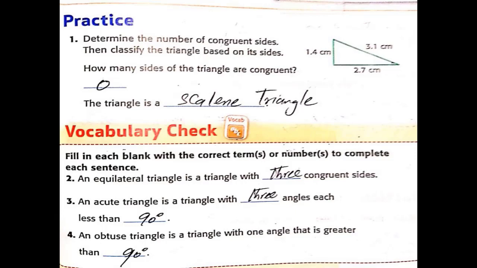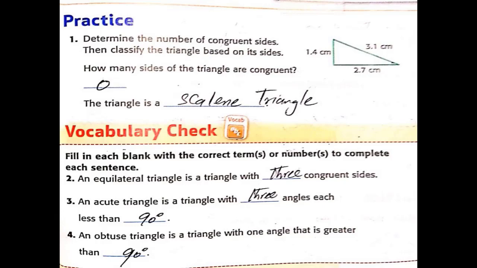Number 3. An acute triangle is a triangle with 3 angles each less than 90 degree. Because angle less than 90 degree is called acute angle. Such type of triangle in which 3 angles are acute are called acute triangle. Number 4.